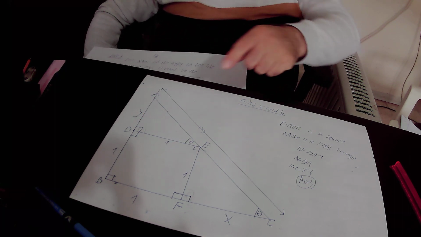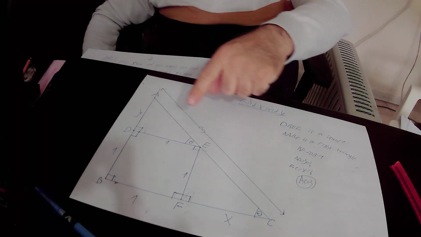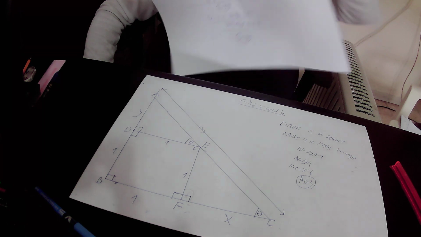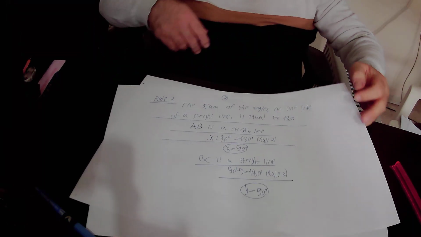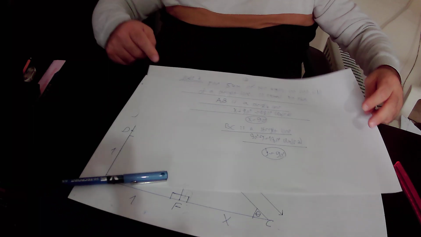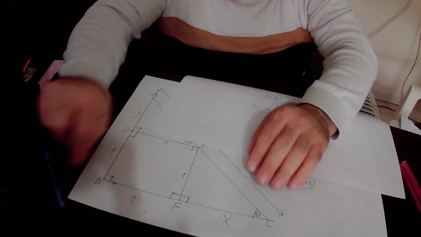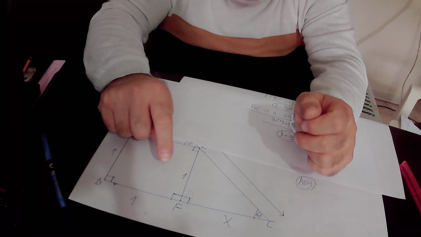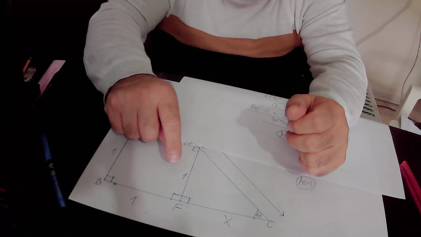Likewise, BC is one side of the right triangle ABC. Therefore, it is a straight line. So you can write here that BC is a straight line. If we focus on the upper side of the straight line BC at point F, then the sum of the angles must be equal to 180 degrees.